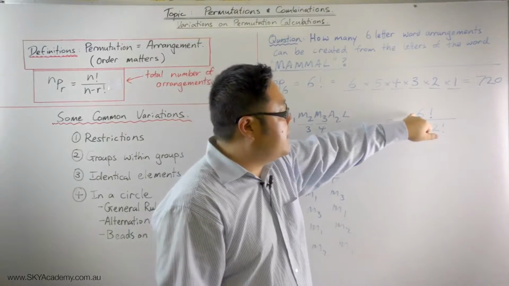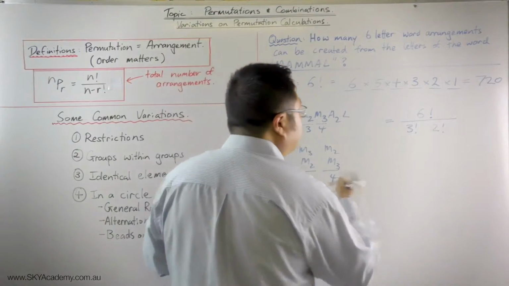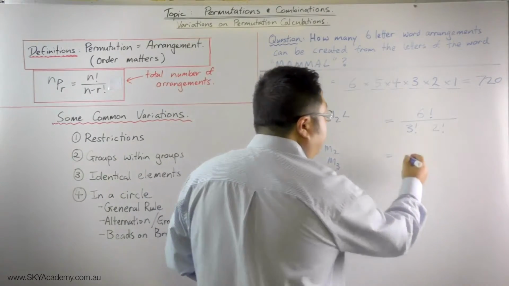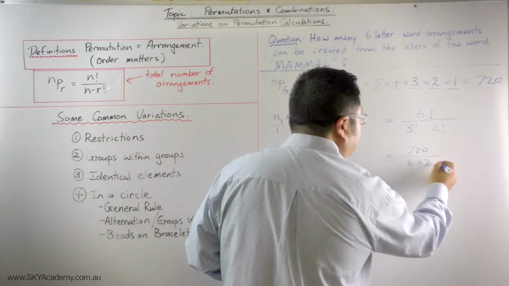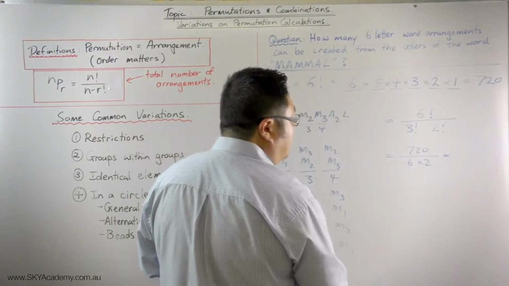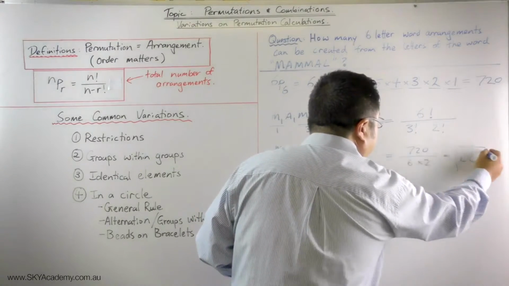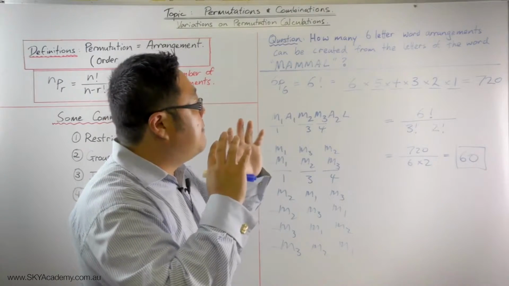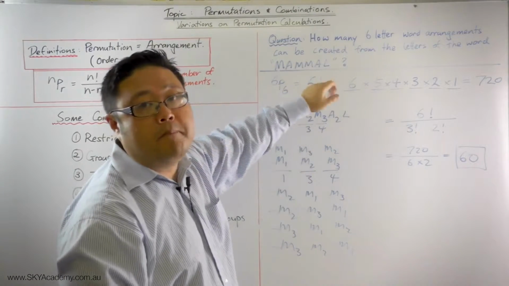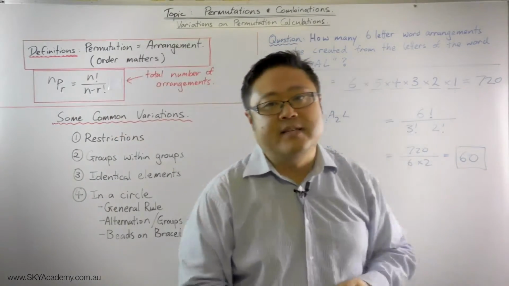Okay, so what you've got is 6 factorial divided by 3 factorial divided by 2 factorial, and that ends up being 720 over 6 times 2, which will give you, what's that, 60. Okay, so that is your answer for the number of arrangements of the word mammal where your M's are identical and your A's are identical.